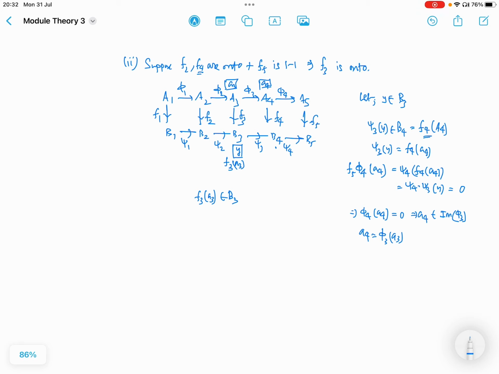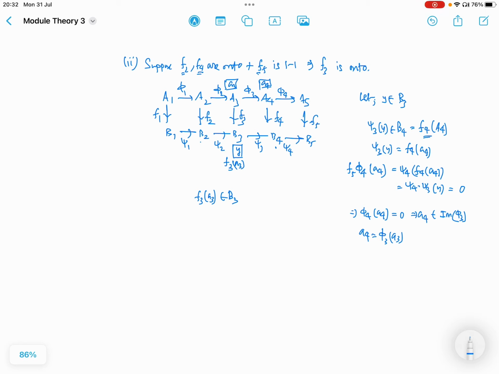Okay. Now, we have already used two facts: F4 was surjective and F5 is injective. We still have to use the assumption that F2 was onto. Okay, but to use that, we need to go somehow inside B2, because that is the image of F2. So, okay, let's see if we can lift this F3 of a to B2 somehow.